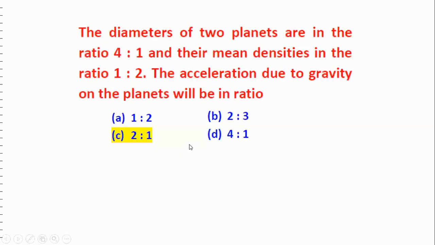Next, diameters of the two planets. The diameters of the planets are in the ratio 4:1 and their mean densities are in the ratio 1:2. Find the ratio of the acceleration due to gravity of the planets.